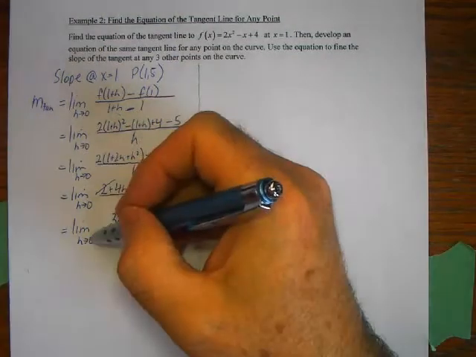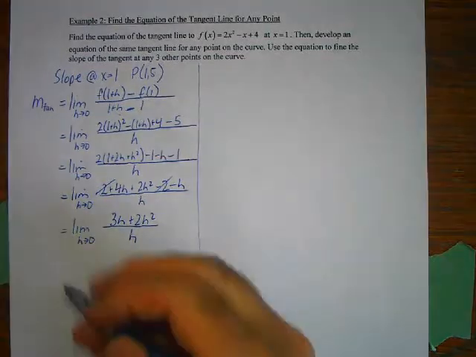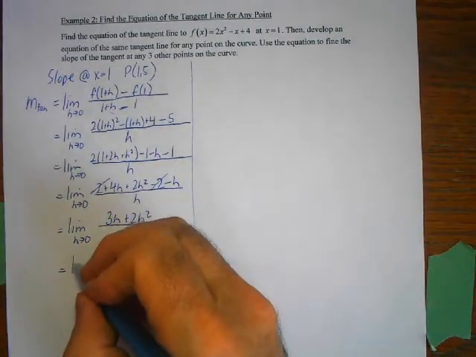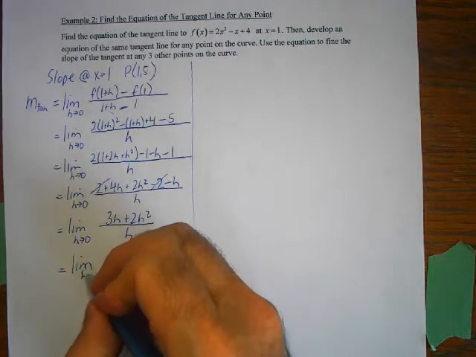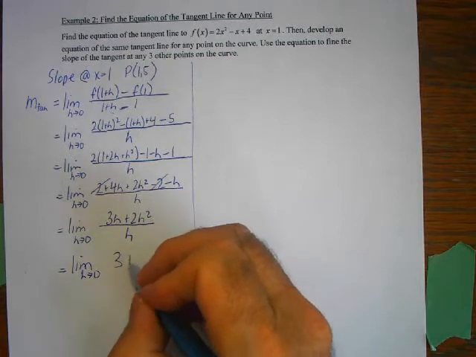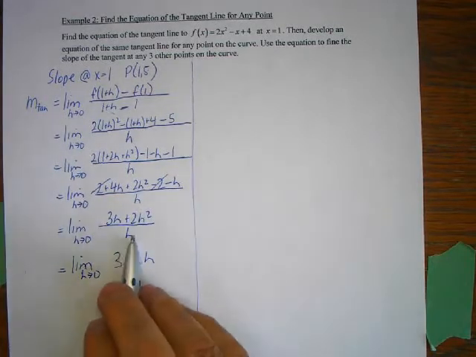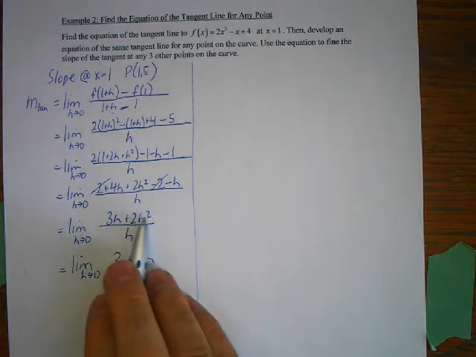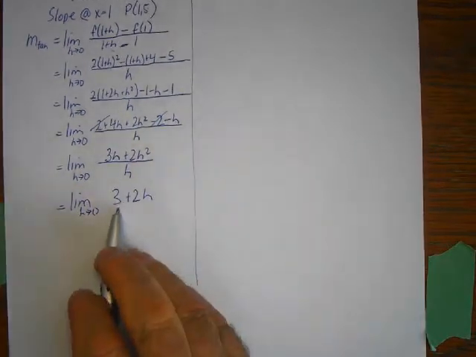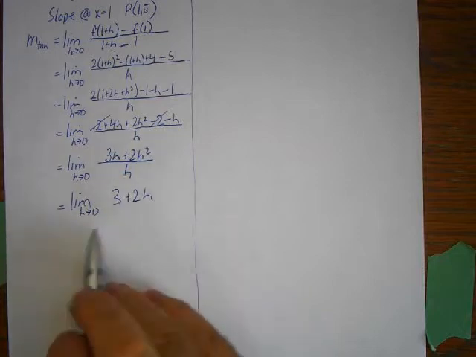Now as soon as I simplify this, I can divide both of these terms by h, so I get 3 plus 2h. So you notice I got rid of the h on the bottom because each of the terms in the numerator had an h. So at this point now I can plug a 0 in for h.